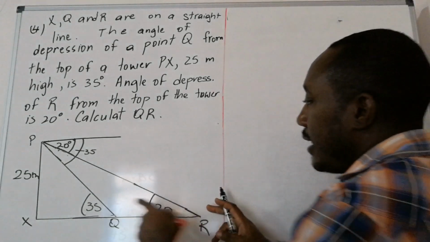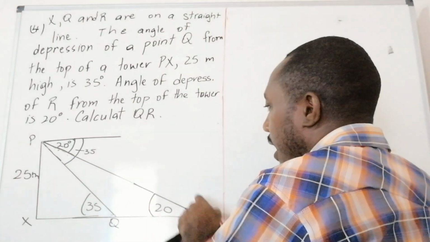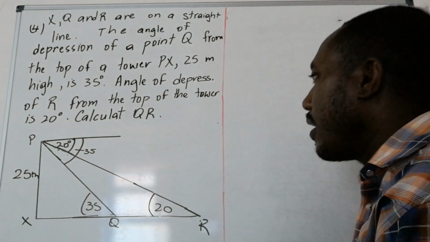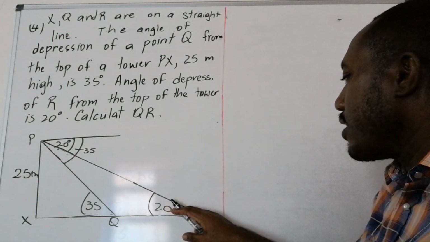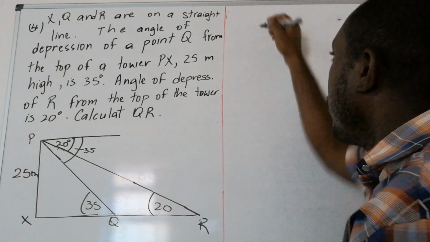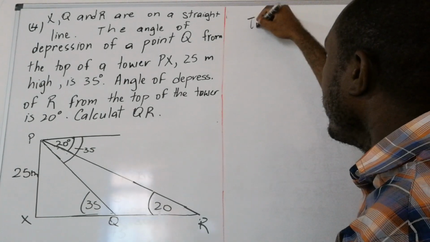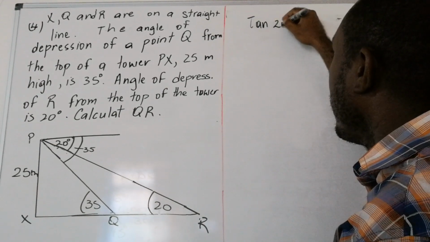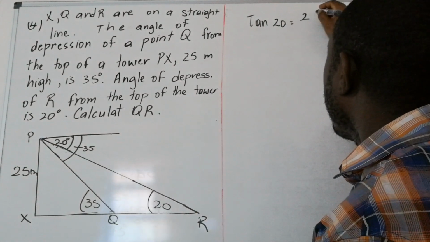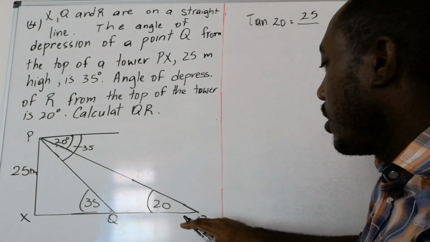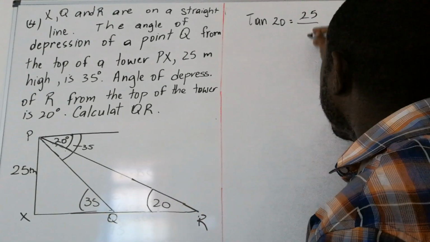We're looking at the entire triangle, this long triangle here, the larger triangle, PXR. And the angle here is 20. So tan 20 is equal to the opposite, which is 25, over XR.